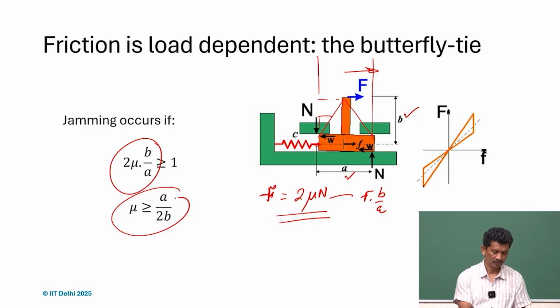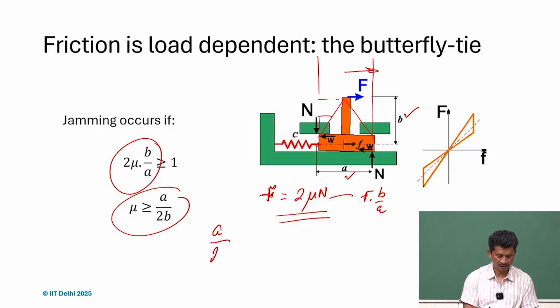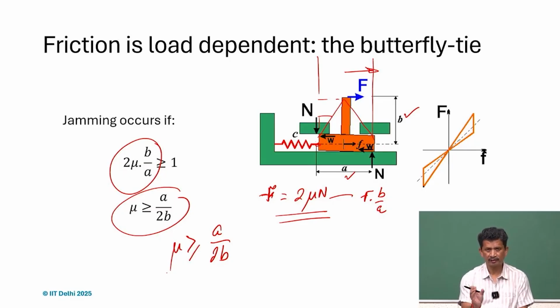So it also says A by 2B. A small means again highly likely it will get jammed. B large again highly likely it will get jammed.